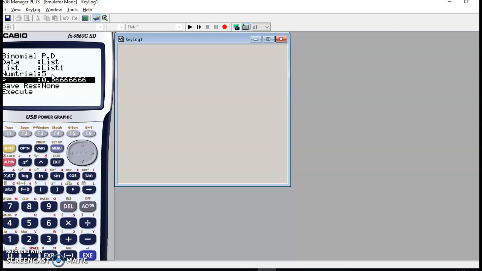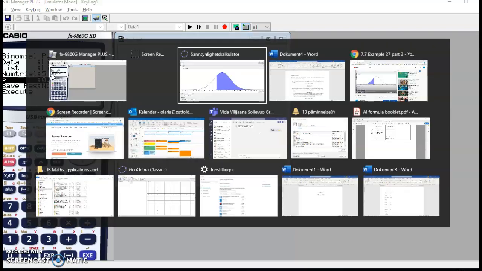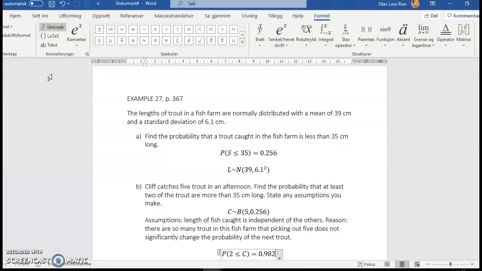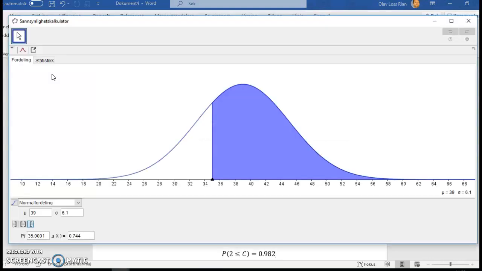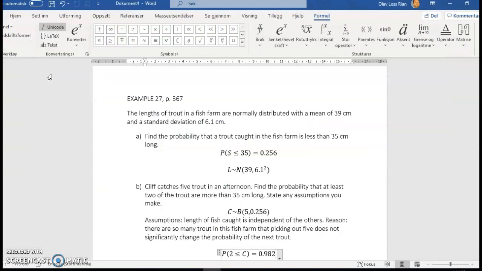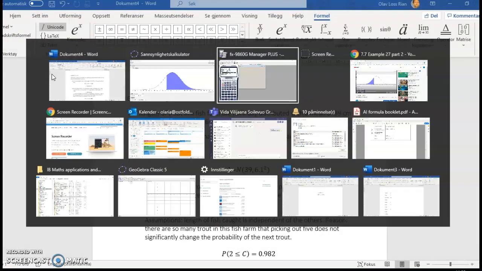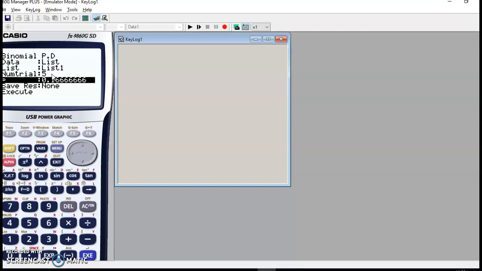The probability in each trial is 0.744. And we execute.